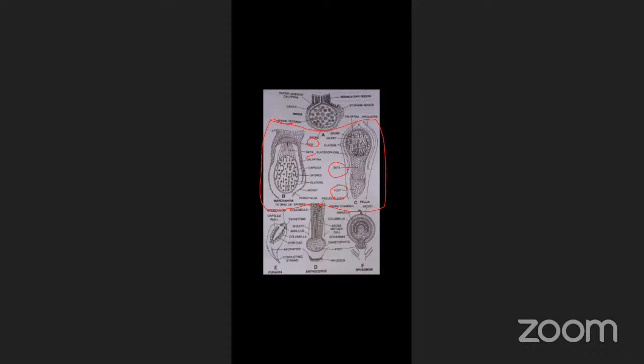But in Pelia, at the base of the capsule, remember, see here, a group of elaters is called an elatophore. So these elatophores are absent in Marchantia, right?